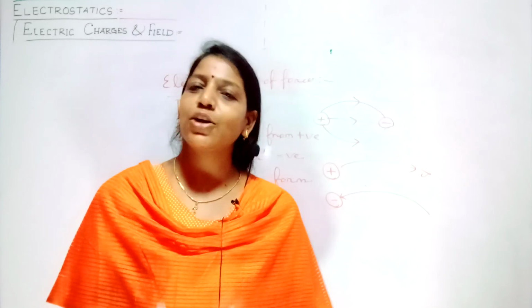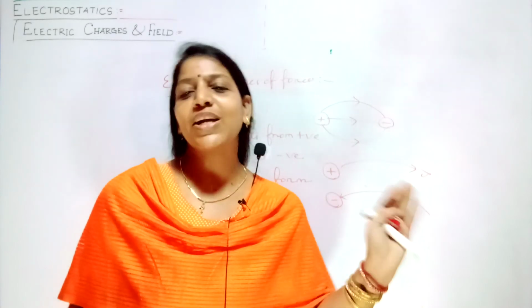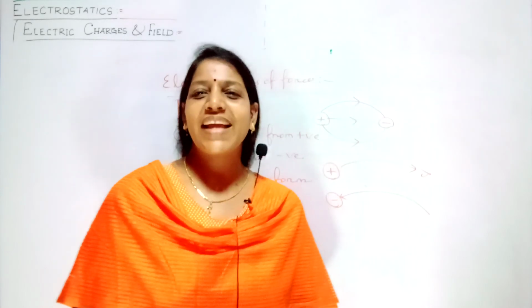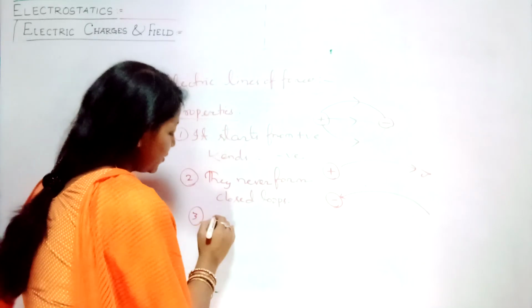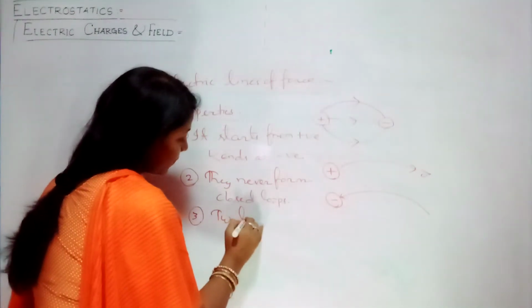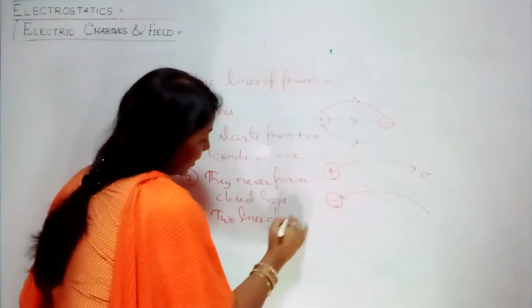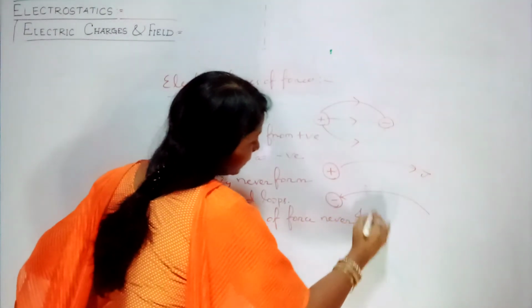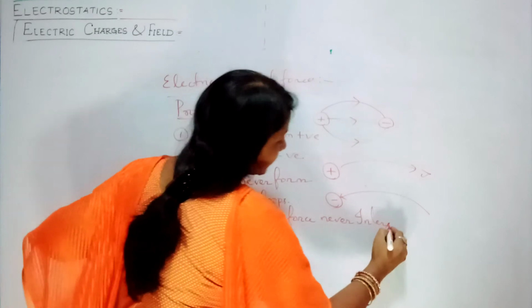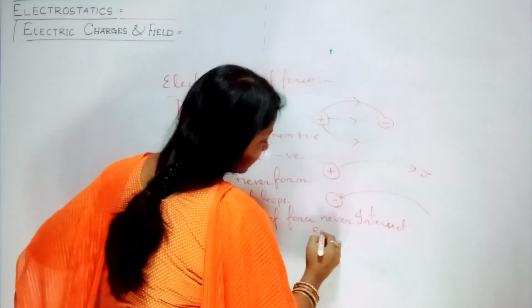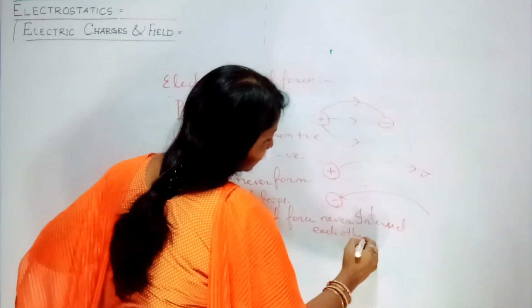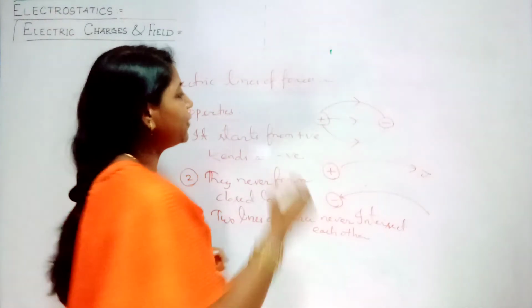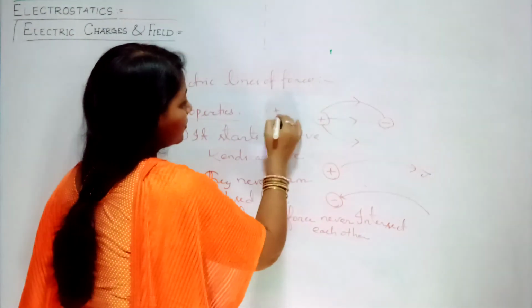It is applicable not only to electric lines of force, but also to magnetic lines of force. So, two lines of force never intersect each other. Clear?